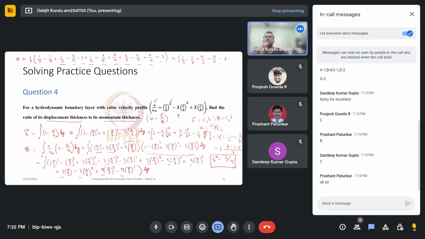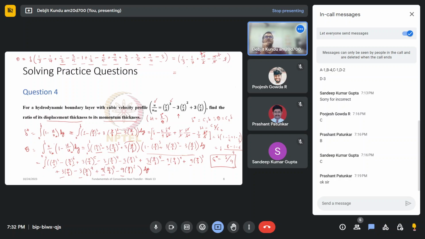So that becomes 2 into 9 by 4, that is 9 by 2. And that 9 by 2 I can add to this, which will become 14 by 2. Okay. So this becomes 3, and this becomes 7. So you can see that I have a 7 here and a minus 3 and a minus 4 here. So these also cancel out.